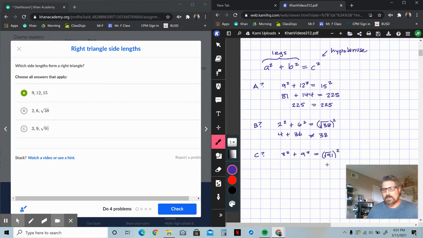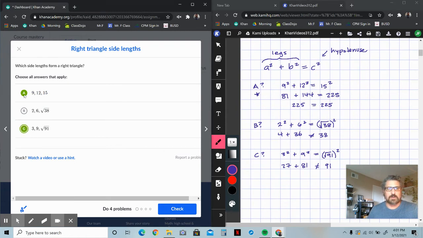Well, the square root of 91 squared is going to be 91. And then 3 squared is going to be 9, and 9 squared is going to be 81. So is 9 plus 81 equal to 91? No, it's not. So this is also a no. So there's only one that works, and that's A. A is the only one that's a right triangle relationship. So that's what you put. Not C, not B, just A.